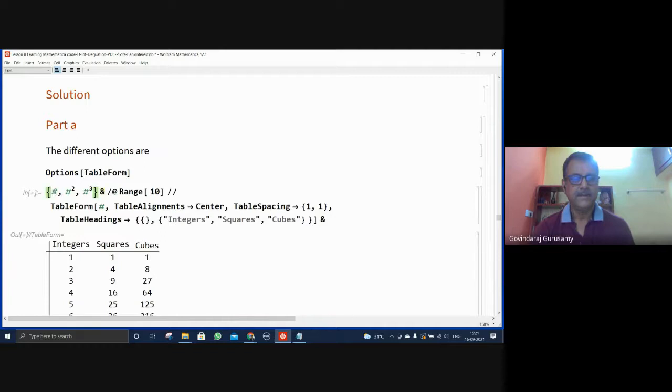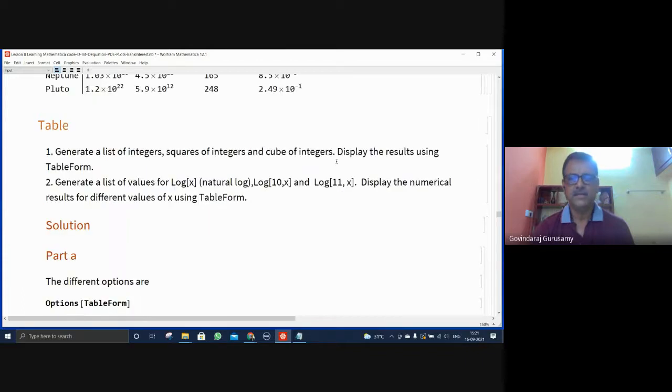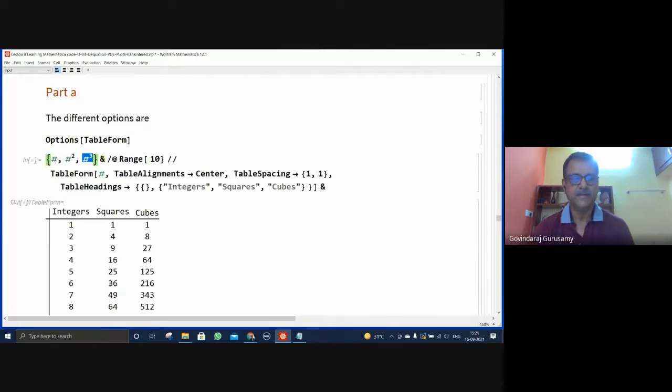You see the hash, the square of the hash, the cube of the hash. And what does it say? You have integers, so the range will tell you we are going from 1 to 10.